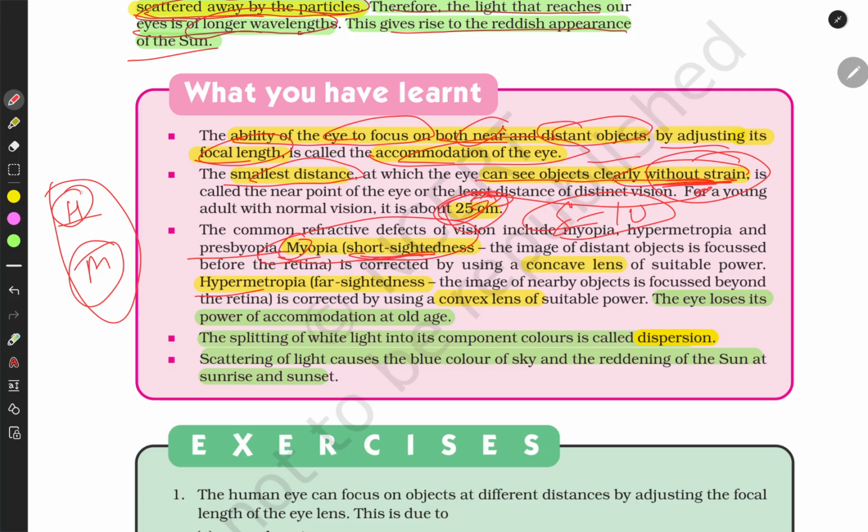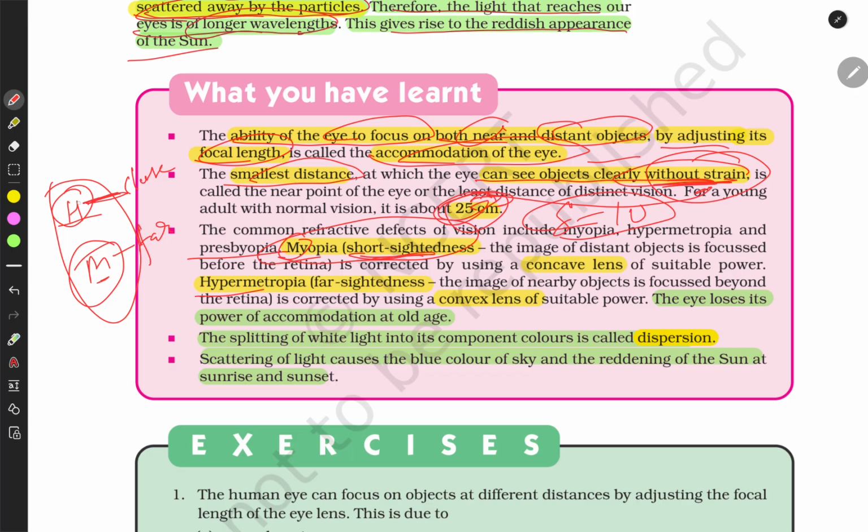When the defect is closer in alphabetical series, H is closer. When the defect is close, that means it is hypermetropia. Closer defect means we cannot see close objects. When the defect is far, then the defect is myopia. So this is a trick.